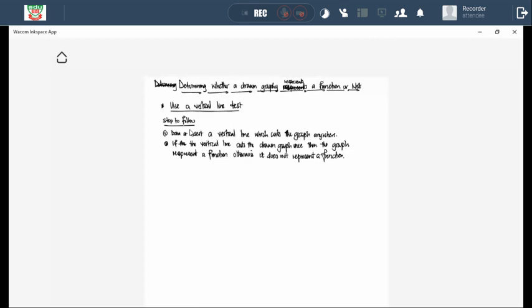Once you've got a graph which is drawn there, let me give you just a quick illustration on this one, and see how you're going to do it. If I've got something like this, there you go. That's a bell-shaped parabola. Now, this is the y-axis. This is the x-axis. If you insert a vertical line anywhere on the graph, any vertical line, I can put a vertical line with those dotted lines.